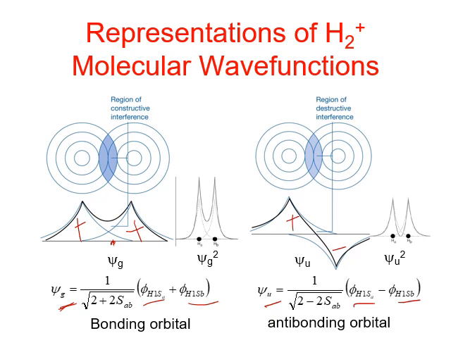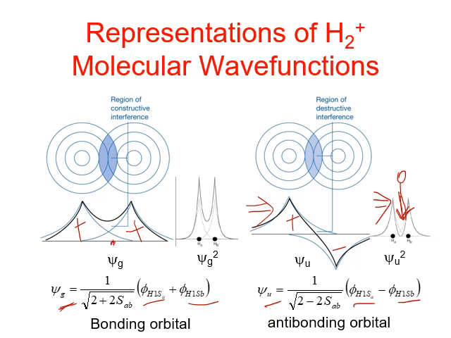Now, it's important to notice that if we square this wave function, we get this probability distribution. And it is important to see that the probability of the electron between the two protons is 0. There's a node between them.